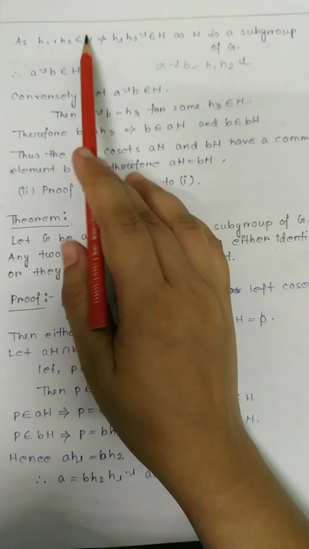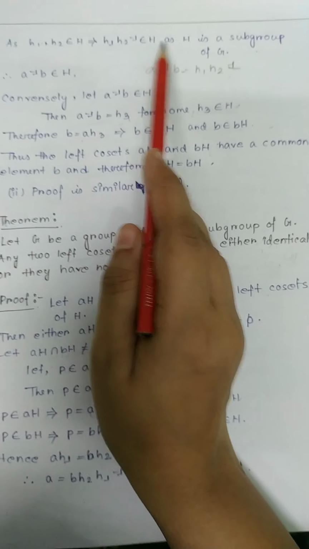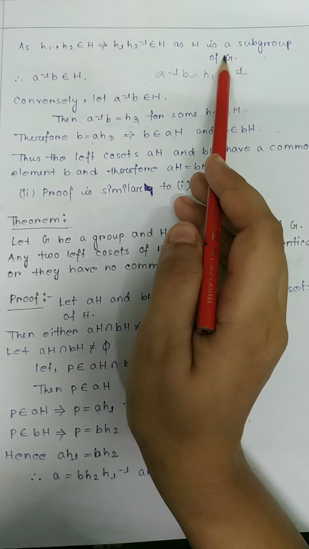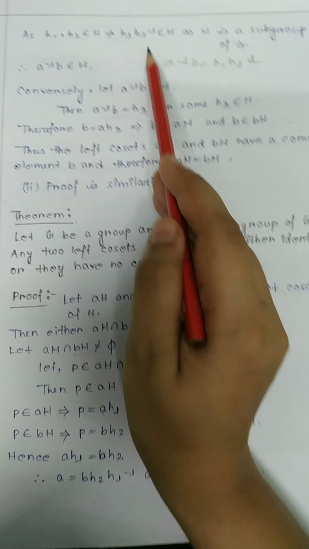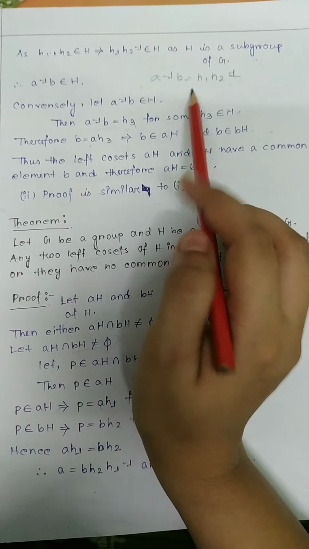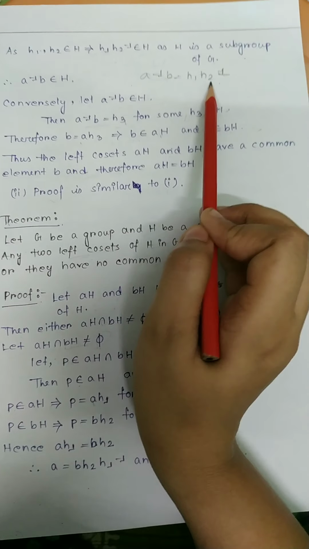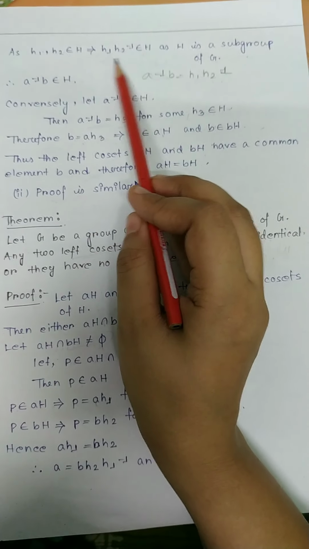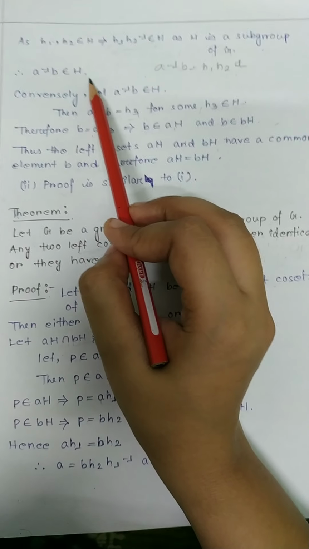As h1 and h2 belong to H, h1 h2 inverse belongs to H, as H is a subgroup of G. We know if a, b belong to H, ab inverse belongs to H for the subgroup H. So a inverse b equals h1 h2 inverse, and as h1 h2 inverse belongs to H, a inverse b also belongs to H.